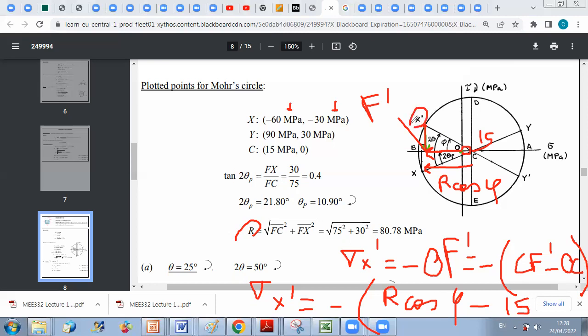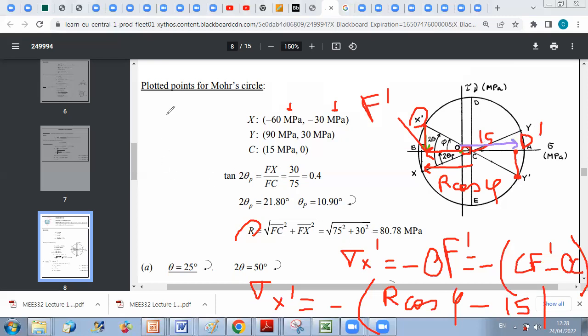Once we have tau x prime y prime and sigma x prime, we still need sigma y prime. So this is point y prime. To get sigma of y prime, we should determine the distance from O. If we call this point, for example, D prime, then the projection here, sigma y prime will represent the distance from O to this point.